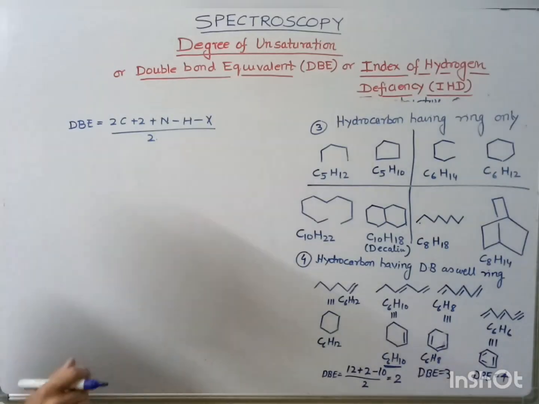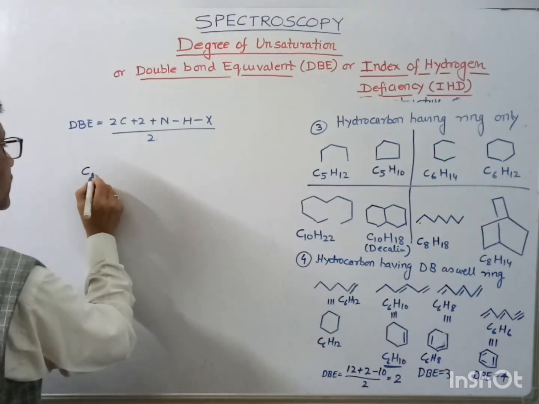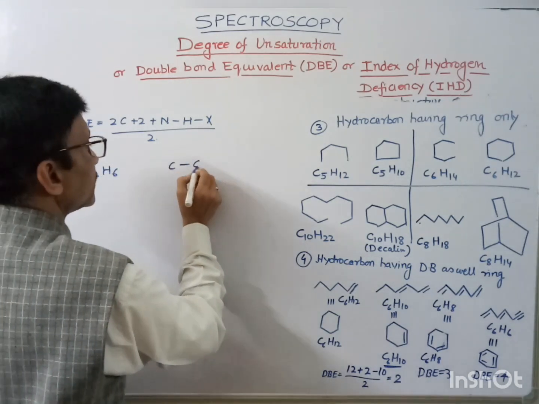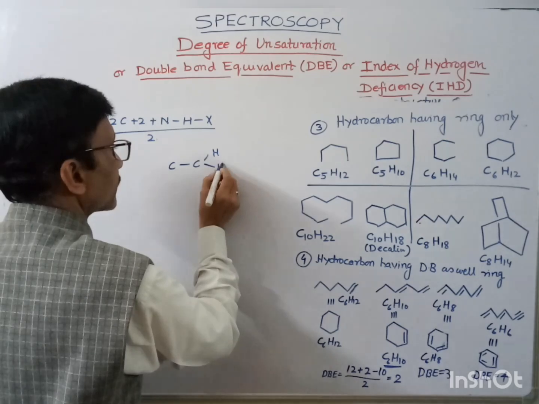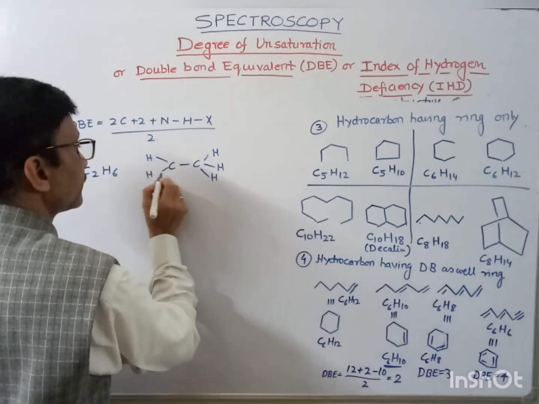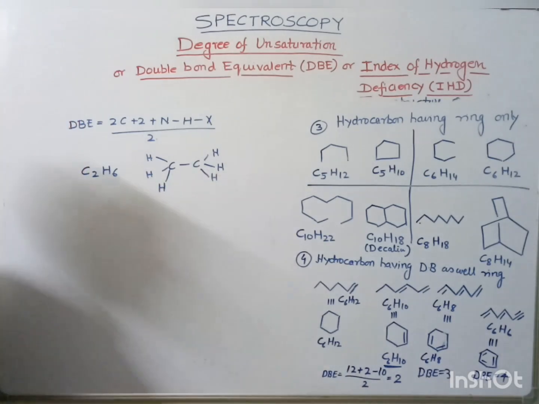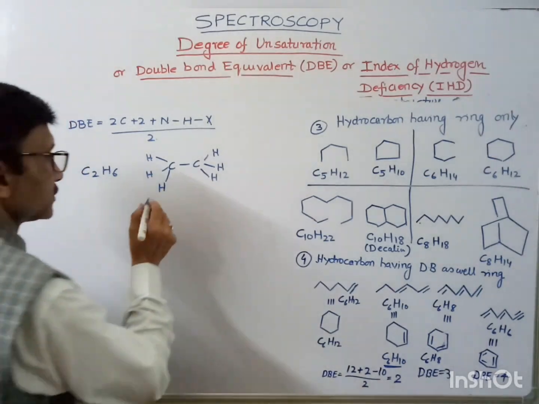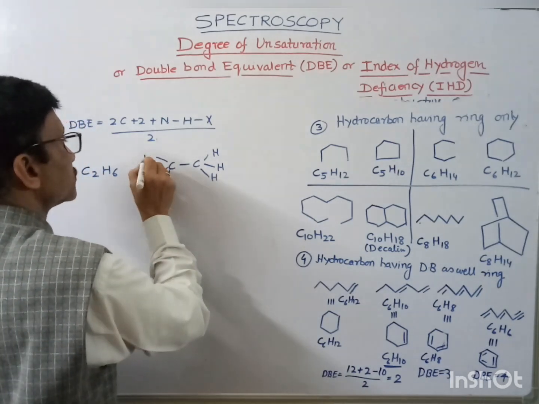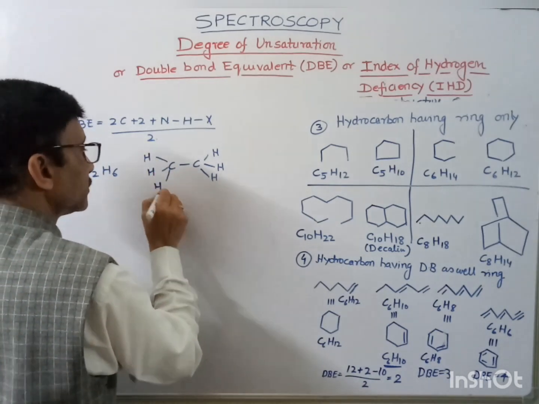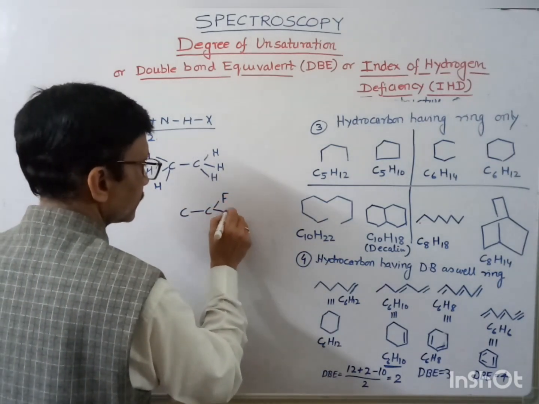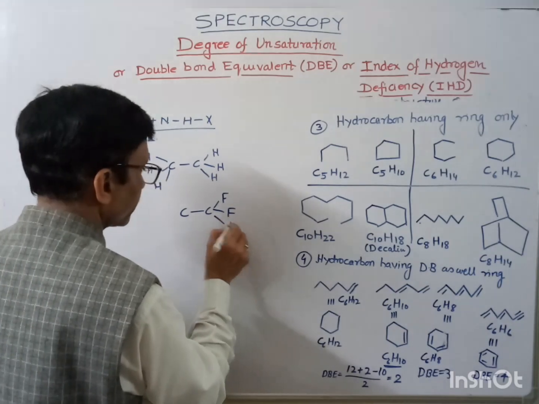How? If I take the example of ethane, that is C2H6, and suppose I replace the hydrogen atoms with 6 fluorine atoms.